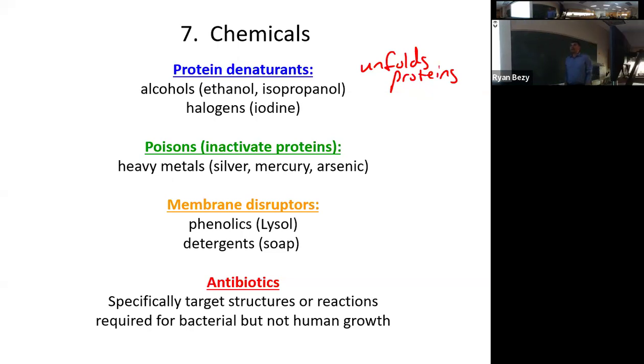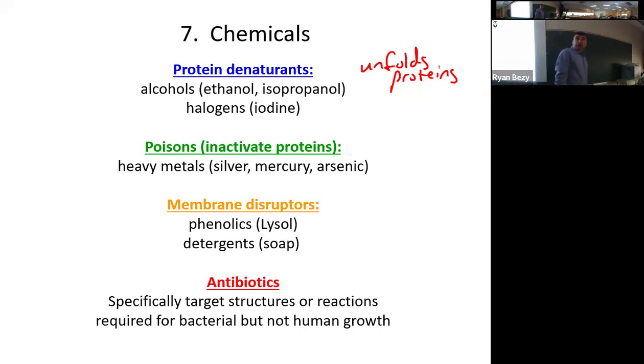Halogens like iodine. If you ever have a surgical procedure, one of the things they typically do, where they're going to cut in through the skin, is treat it with a halogen solution, an iodine solution. That is a pretty strong protein denaturant, and it denatures the protein so well, it often kills the cells involved. So that sterilizes that area.